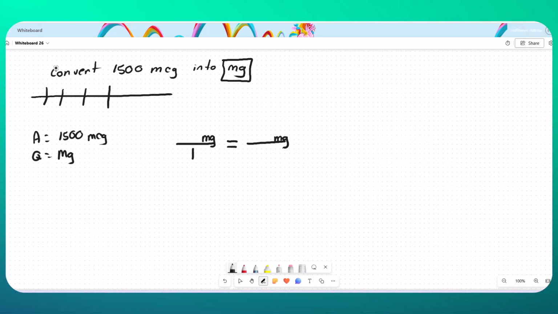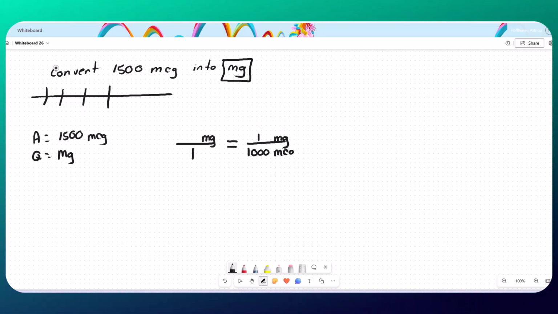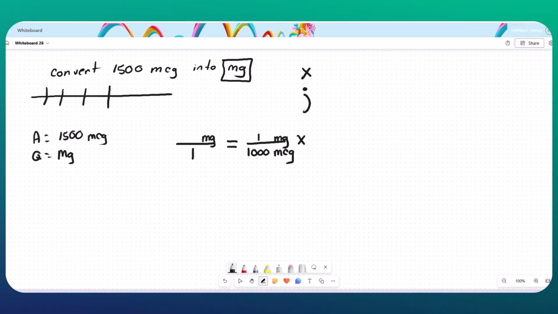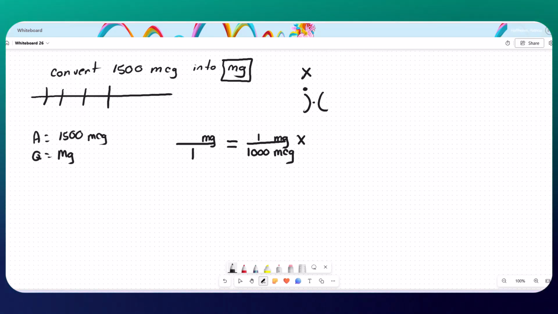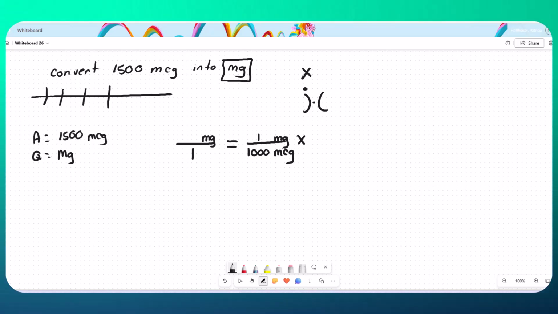So for every 1 milligram, there are 1,000 micrograms. Then you have a multiplication symbol, which could be the X, a dot. You could use parentheses, and in between is where the multiplication is. Whatever works for you that you're familiar with using. The X seems to work for me, so in goes the X.